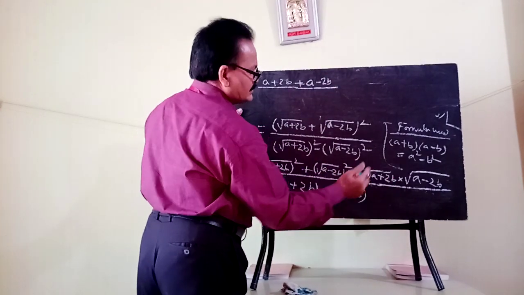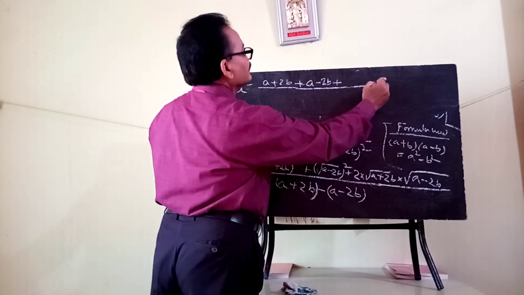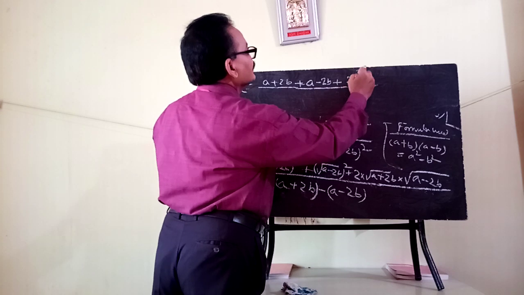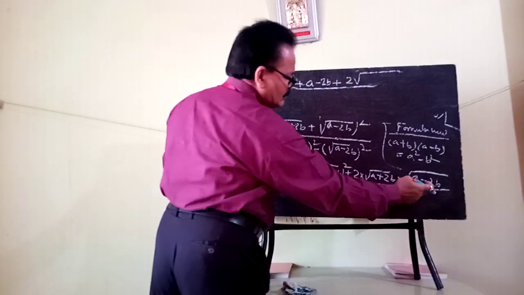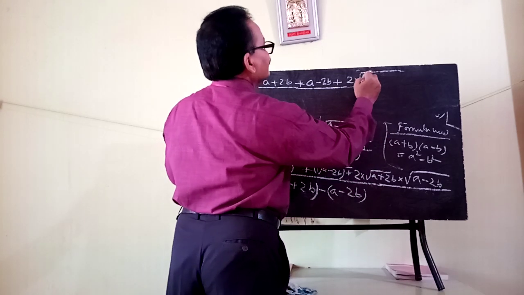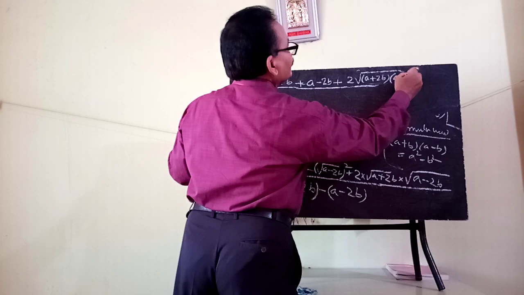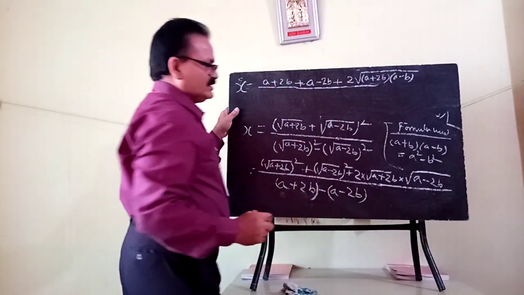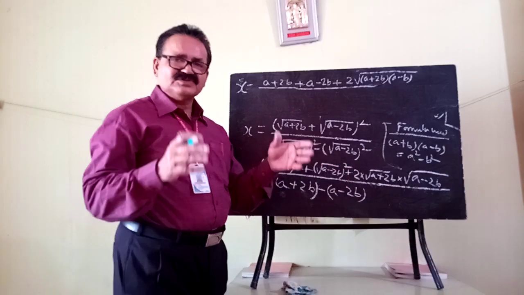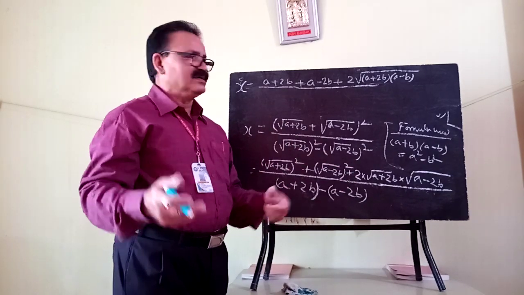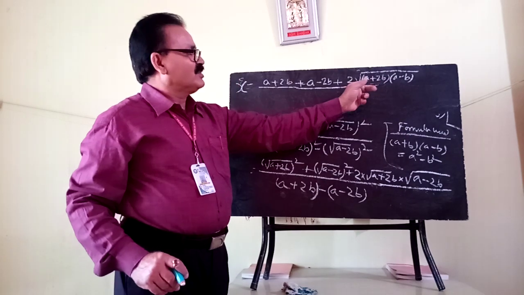In this case, plus 2 into both together, square root of a plus 2b into a minus 2b, both roots come together after multiplication. Because suppose square root of a into square root of b will give you square root of ab. So you have got it.